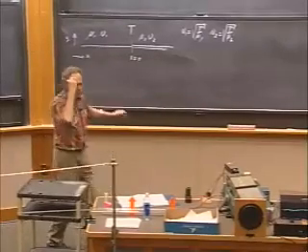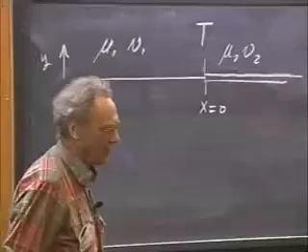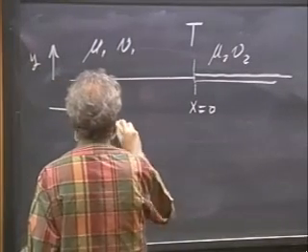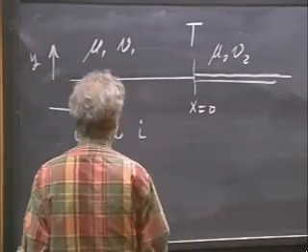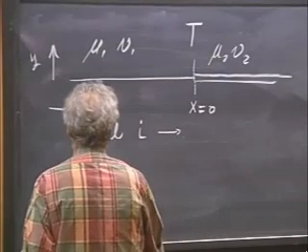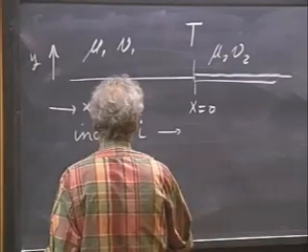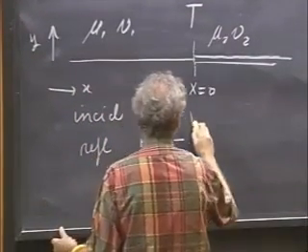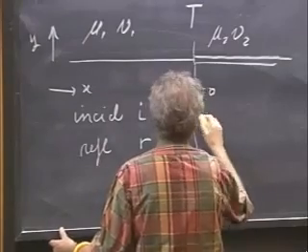And I'm going to have a wave coming in from the left, which I call the incident wave. Incident, I will give that an I, moving in this direction, and then there will be a reflection, which I call R. Something may come back, so that goes into this direction, both in medium 1.